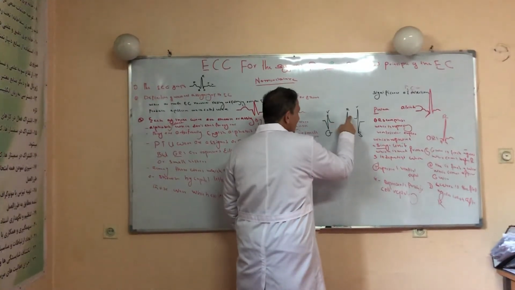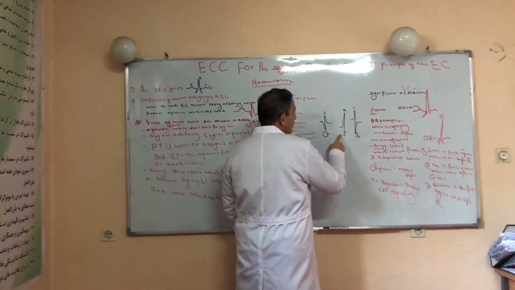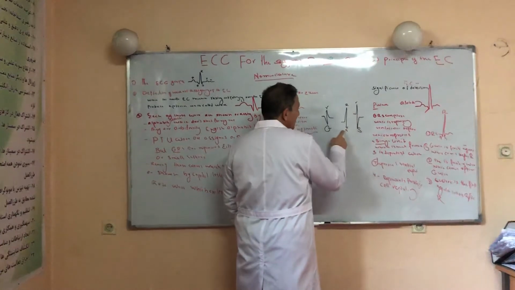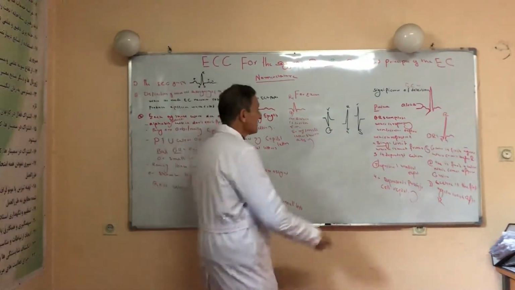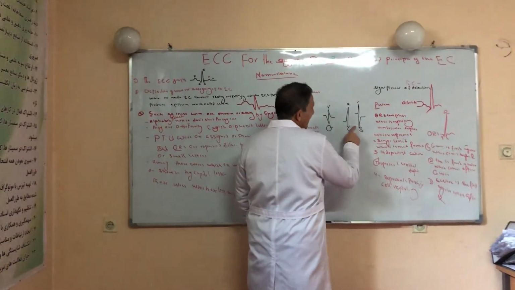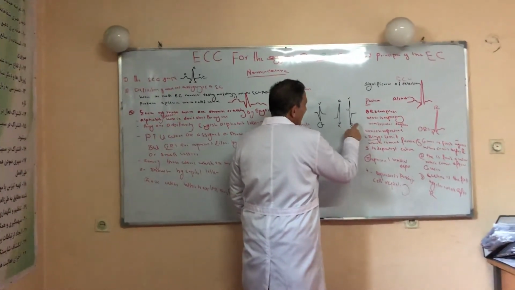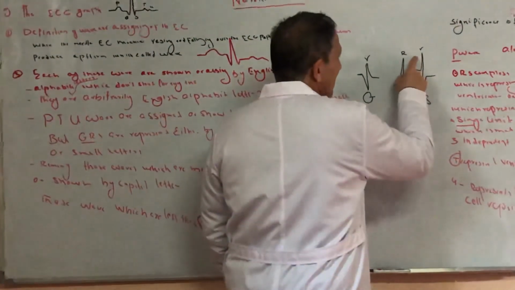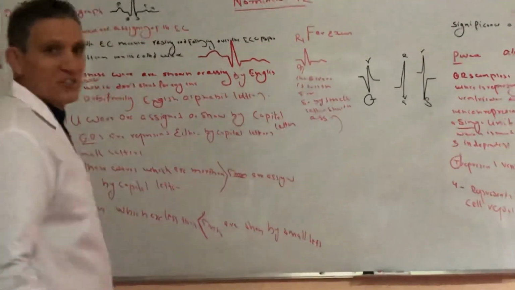This R wave is more than 5 millimeter and larger than the S wave, so it should be capital R, and the S is smaller, so it should be small s. The last one, in this complex, the R is smaller and the S is larger. So the larger wave is assigned a capital letter, and the smaller one a small letter, which is the r wave. Did you catch this one?